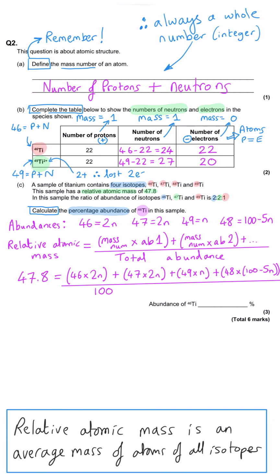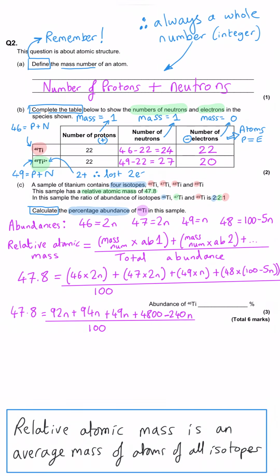And then if we calculate this in stages, we have 47.8 is equal to 92N plus 94N plus 49N plus 4,800 minus 240N. And then this is all divided by 100.